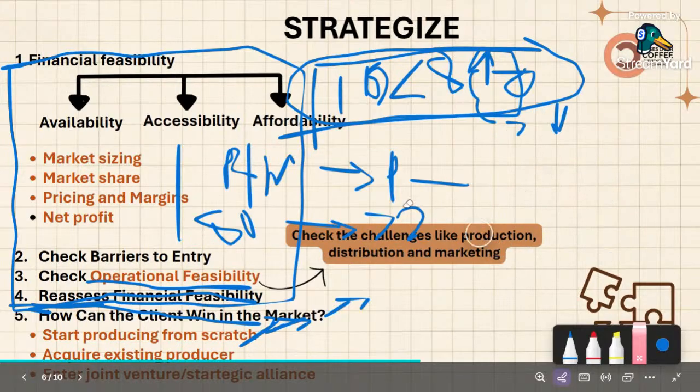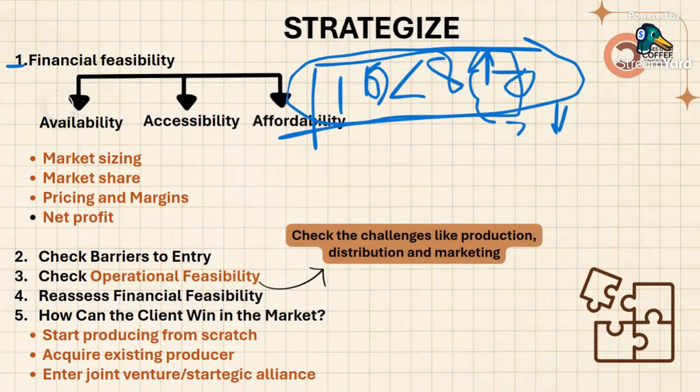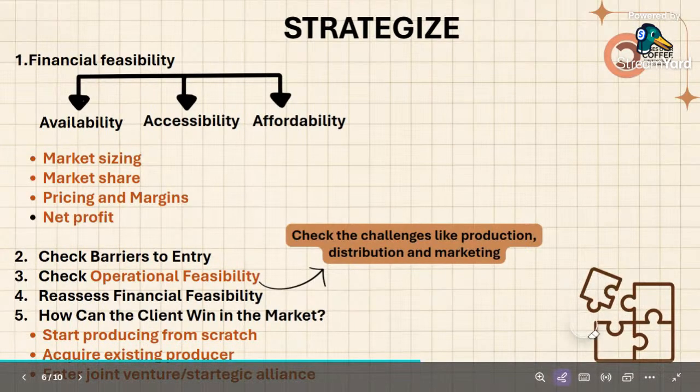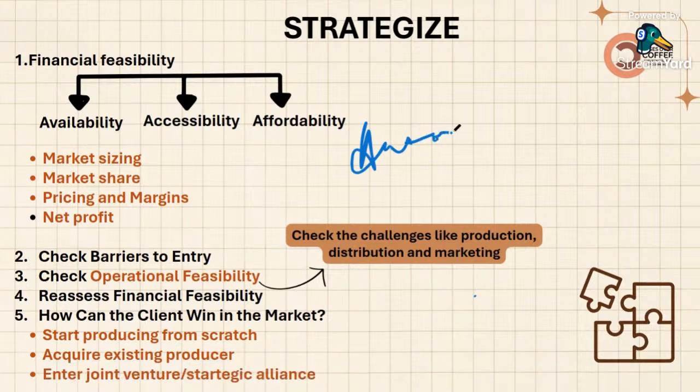Now, I am not sure how many of you had participated in a case competition. There was a case competition organized by Brain Horse. Their market entry case was revolving around this only: there is an automobile company and they want to enter into the market.